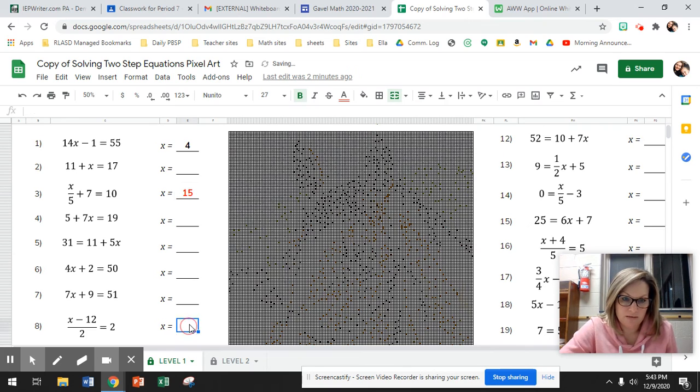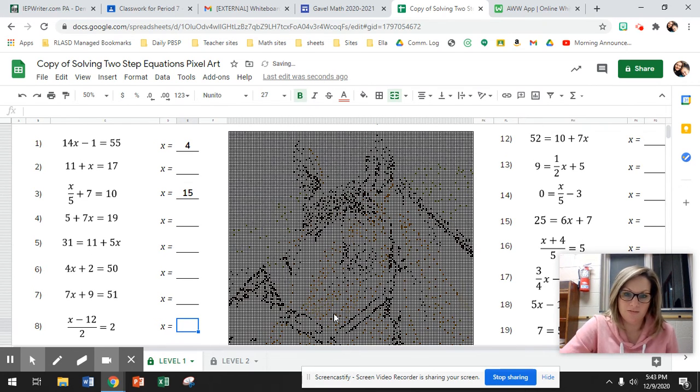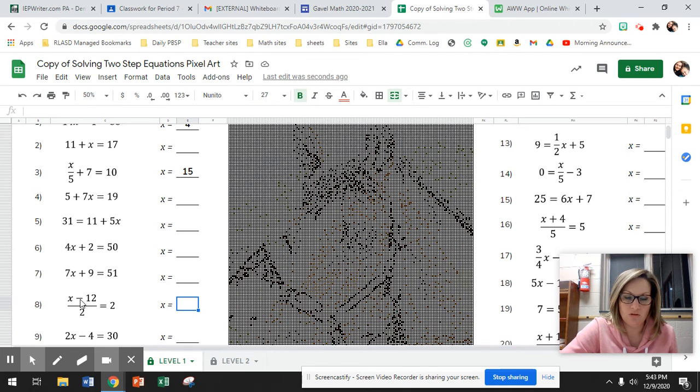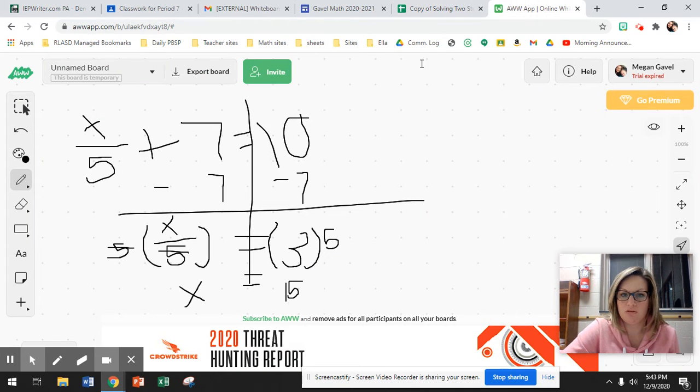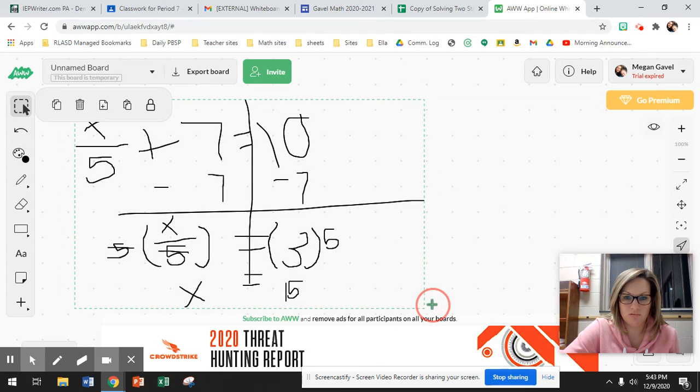I'm going to try one like this now. All right, so this one does look a little trickier. X minus 12 divided by 2 equals 2. Let's try this one, number 8.